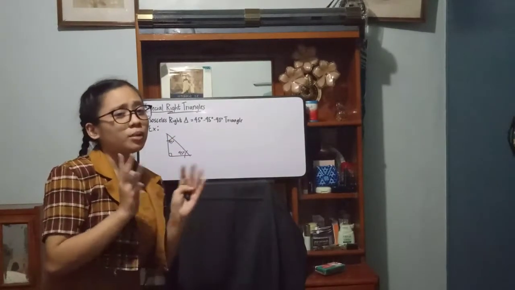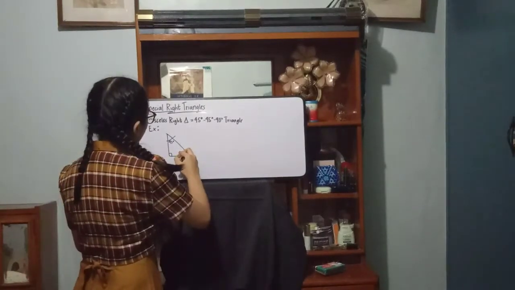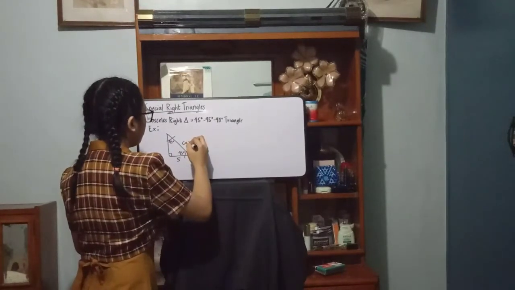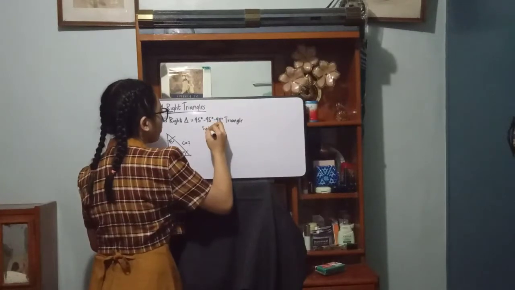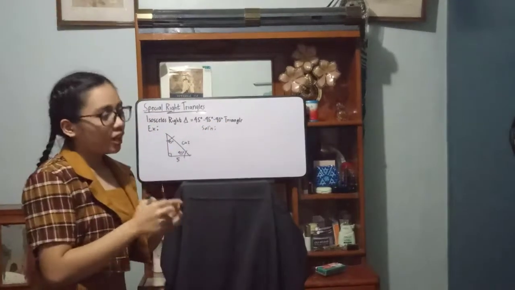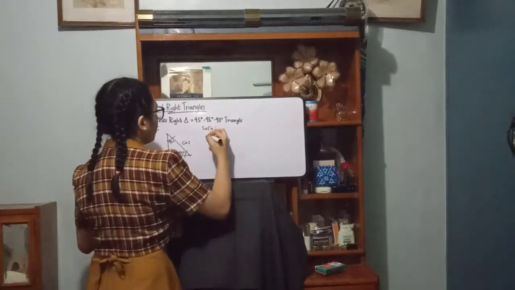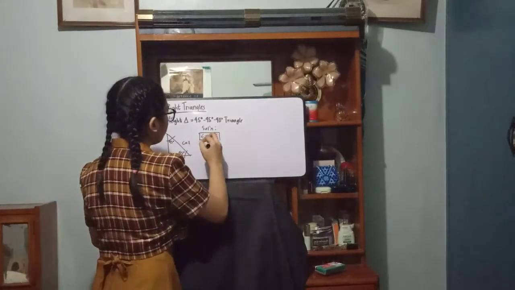If the legs have a measurement of 5, find its hypotenuse. c is equal to what? So the solution. Know that the formula is hypotenuse is equal to a times square root of 2. So c would be 5 times square root of 2. This is our final answer.